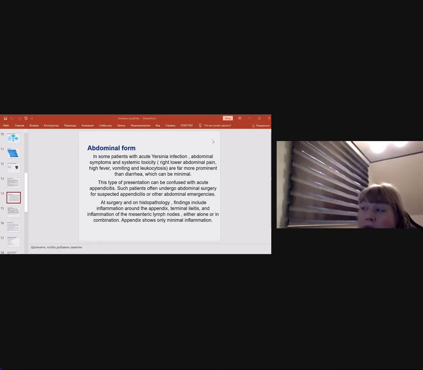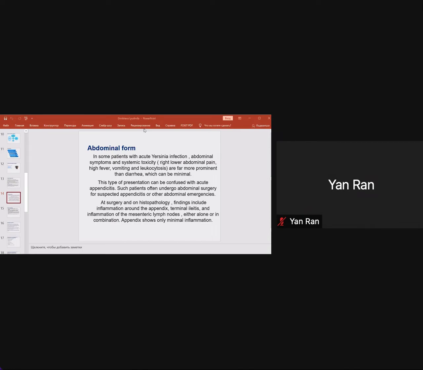In this case, ultrasound examination of the abdominal cavity helps us, and the doctor may say that the patient has enlarged abdominal lymph nodes, mesenteric lymph nodes, yes. And in this case, we usually use antibiotic treatment for a long time. It may be 2 or 4 weeks of antibiotic treatment, and we can help this patient.